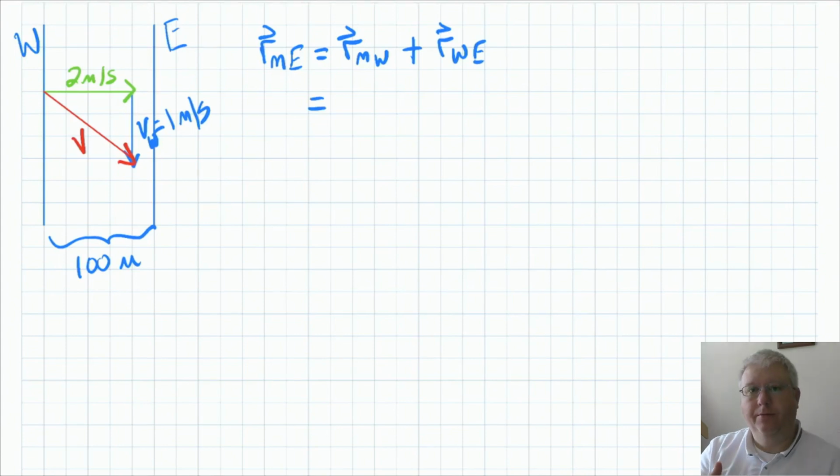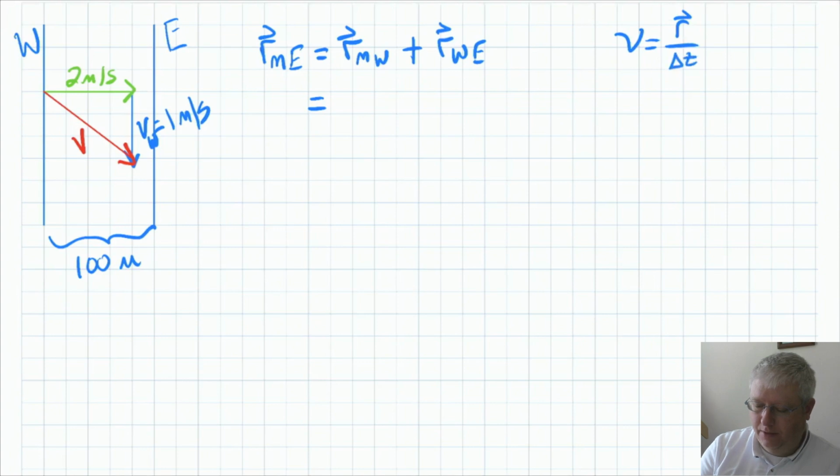All right, so how do we find that distance traveled? Well, distance is part of the velocity. Remember, velocity is position over the time interval. So if we solve for r, we get it's the velocity times the time interval.